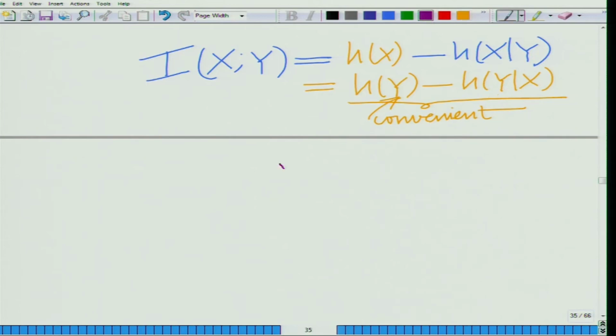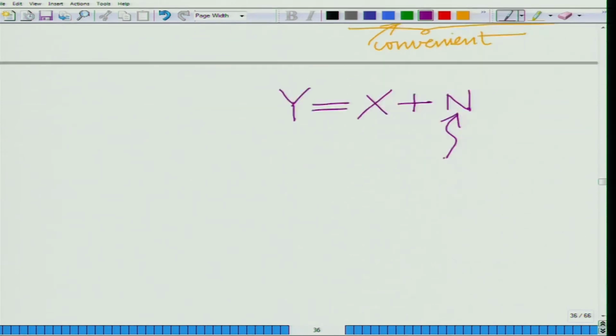Now if you go back and look at our channel model, y equals x plus n, where n is Gaussian, mean equal to 0, variance equals sigma square.